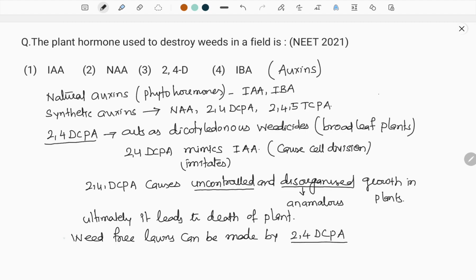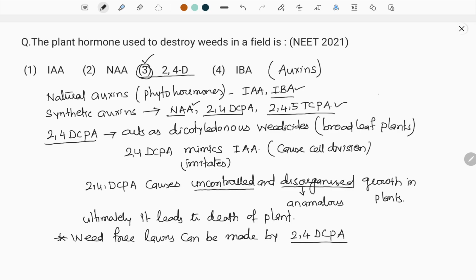This is one of its major functions. Apart from that, there are many other functions of auxins. NAA and IBA both act as rooting hormones. 2,4-D and 2,4,5-T act as dicotyledonous weedicides. So the answer is the third option, a direct question.